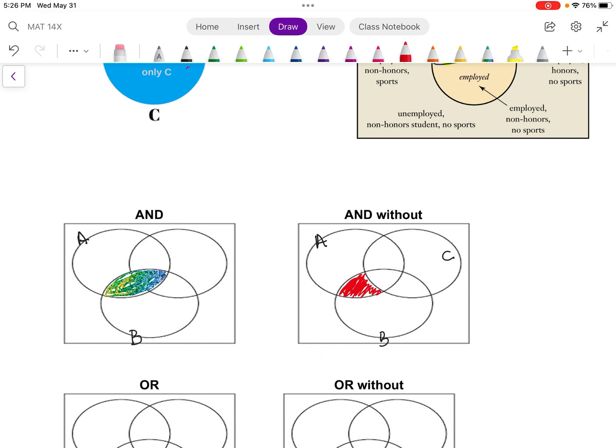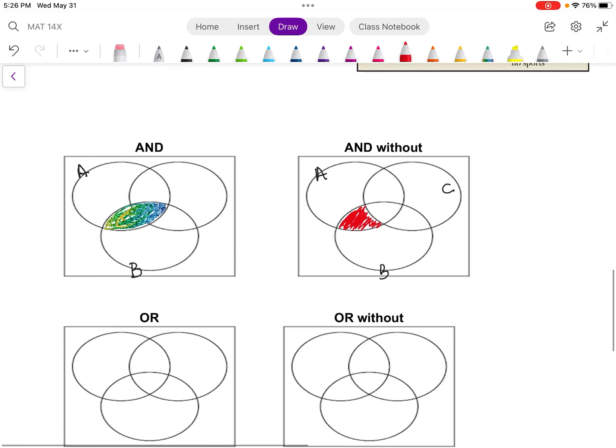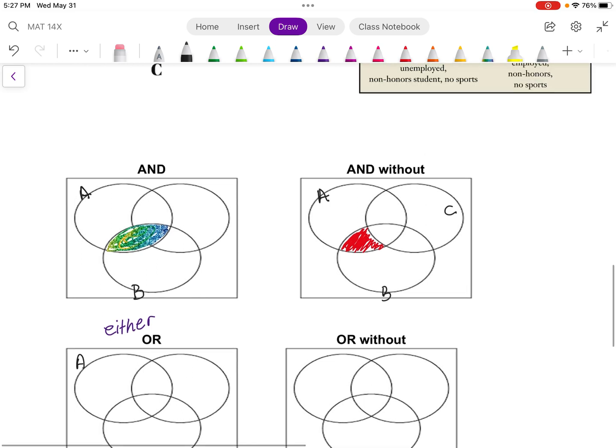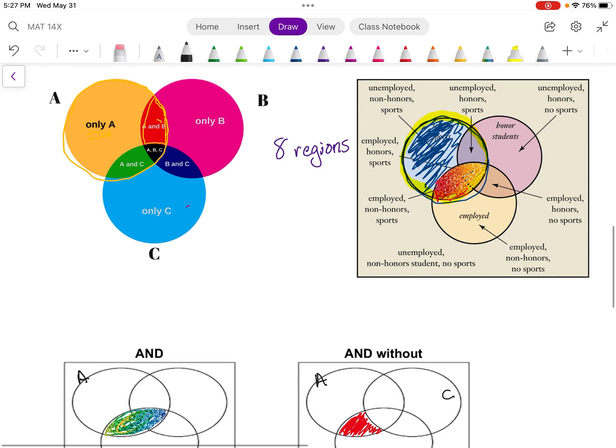That's for all the groups. Or gets a little trickier because you want to almost think of it as either or. So going back to that A and B, if someone's in group A or in group B, or going back to the example up here, if they play sports or are employed, that would be anyone in that total sports circle or the employed circle.